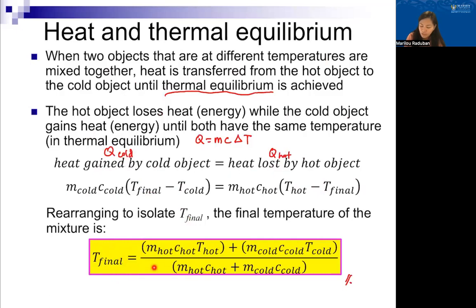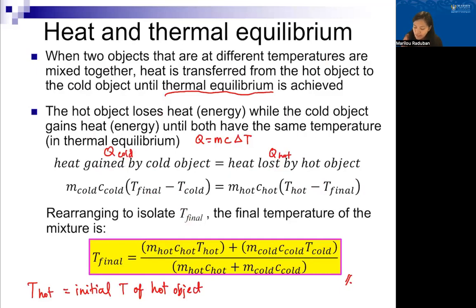But we do expect you to sort out which values to enter in each of these variables in this equation. So you have here the mass of the hot object, the specific heat of the hot object. T hot is the initial temperature of the hot object or the hot liquid.